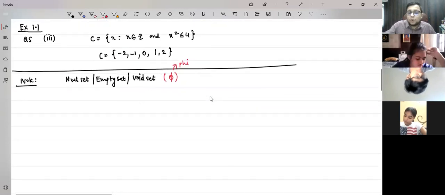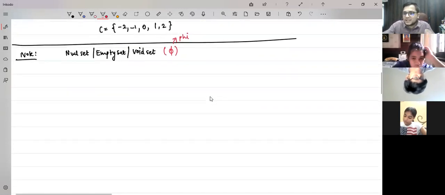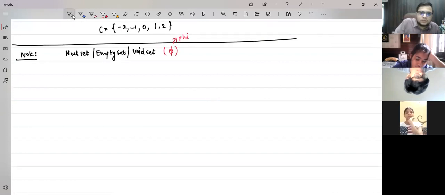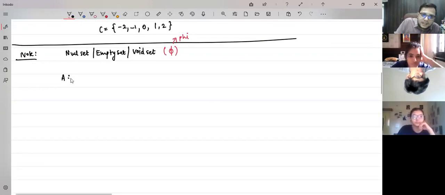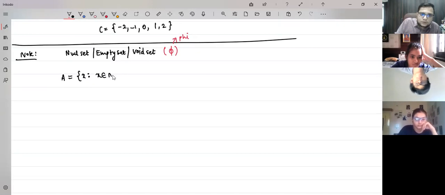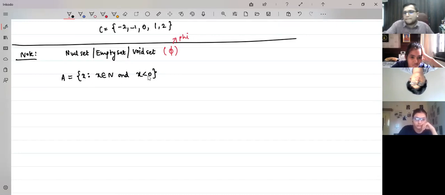So what do they mean? As the name suggests, a set which has no element, which has 0 elements, is known as a null set. Yes or no? So if I say A is equal to {x, where x belongs to natural number and x is less than 0}, is it possible? No, sir.